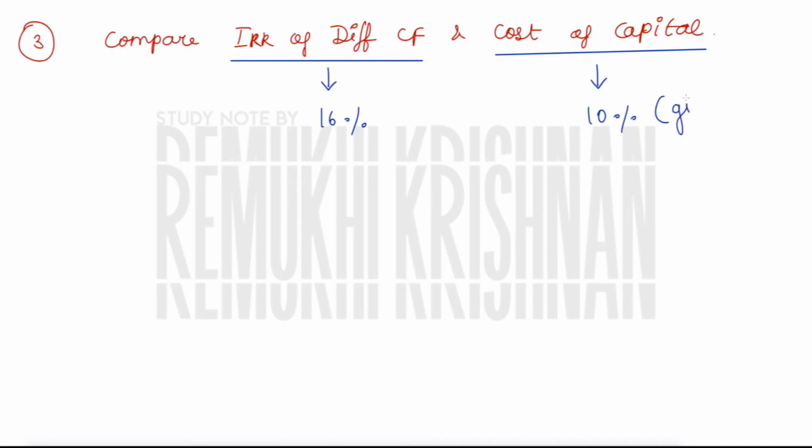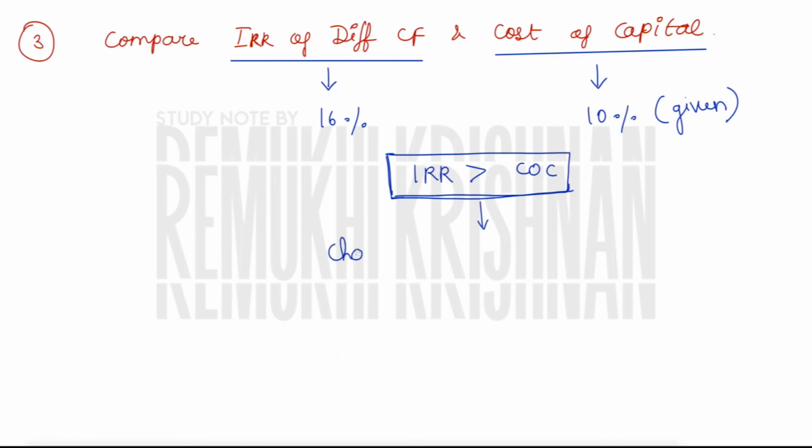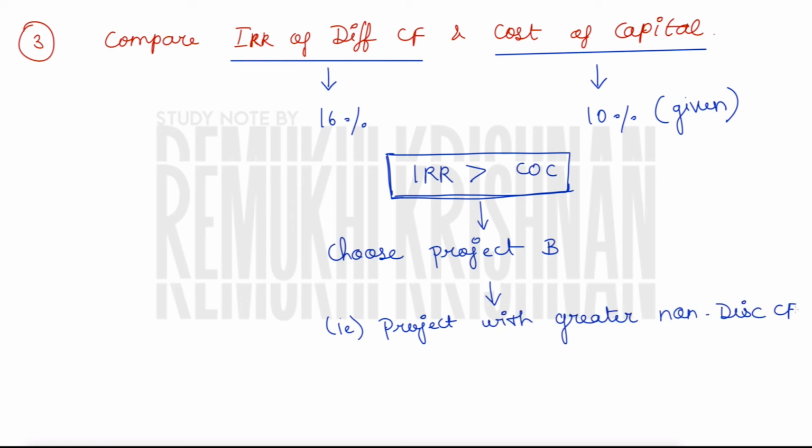This 10% is already given. So the rule here is that the IRR should be greater than cost of capital. In that case, I'm just going to choose the project with greater non-discounted net cash flow. So I will be choosing project B, because it has the greatest non-discounted cash flow compared to project A.